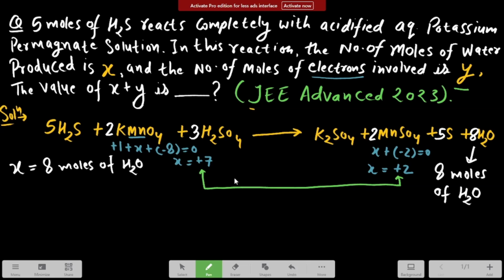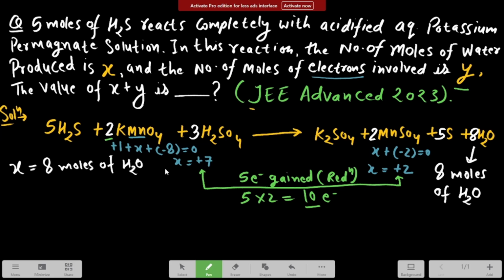So it is a gain of 5 electrons, 5 electrons gained, reduction. So this 5 electron is for 1 mole of KMnO4 and we got 2 moles of KMnO4. So let's multiply this 5 into 2. So we got 10 electrons. So total n factor here is 10 electrons.